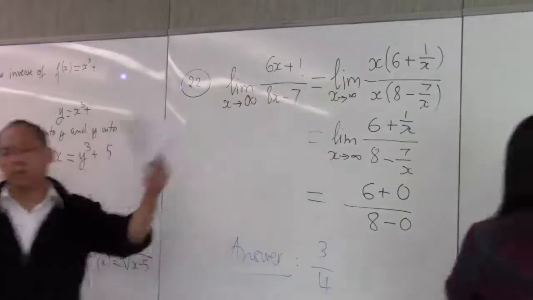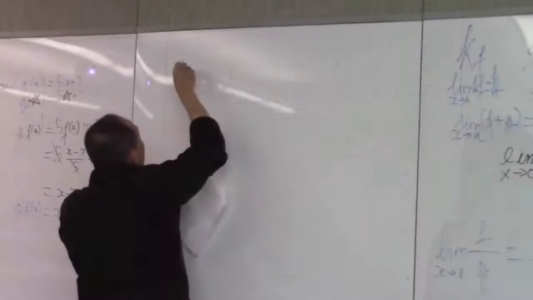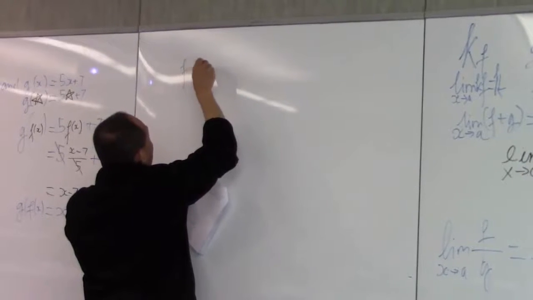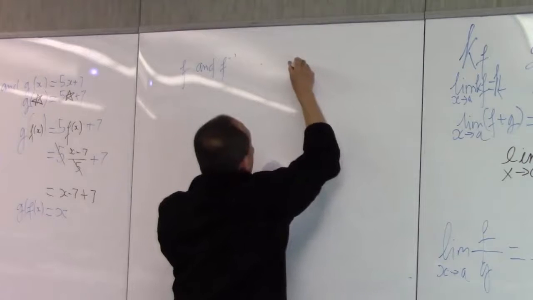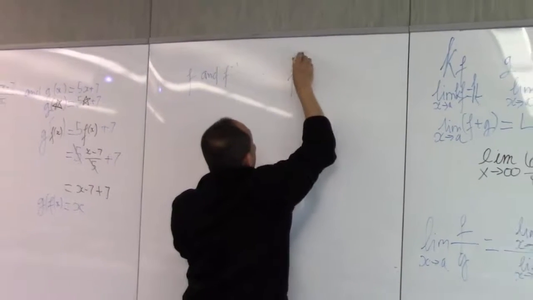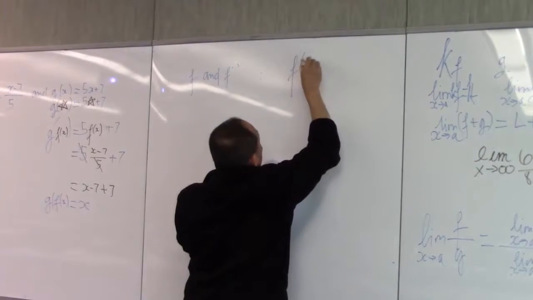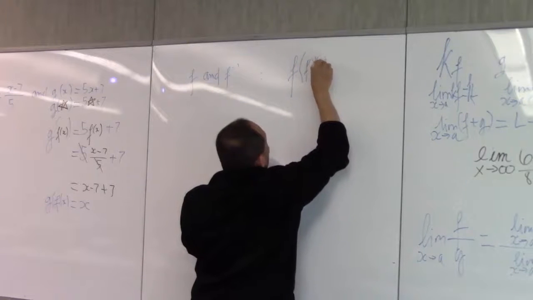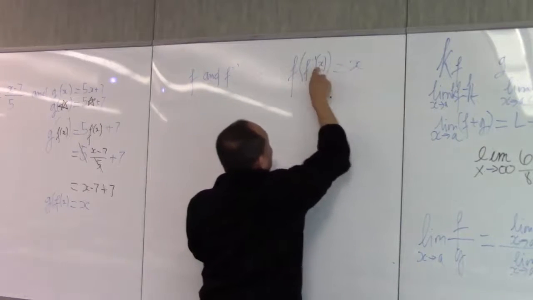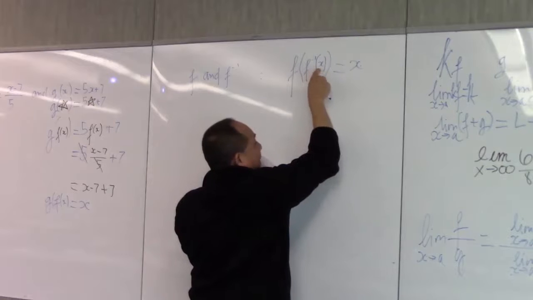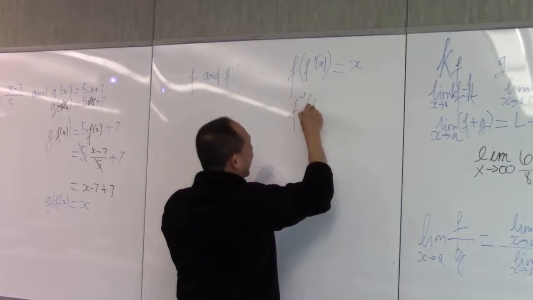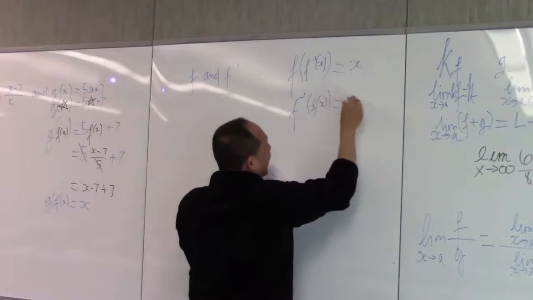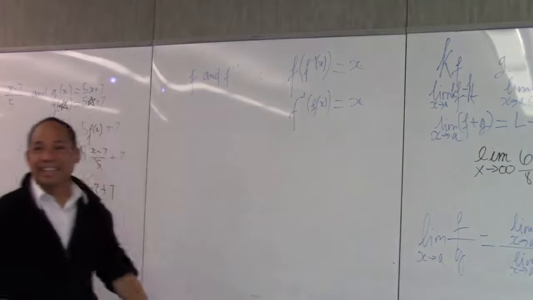It's not only the review, but also F and F inverse. Okay, now if you have this, you take the composition of F and its inverse.